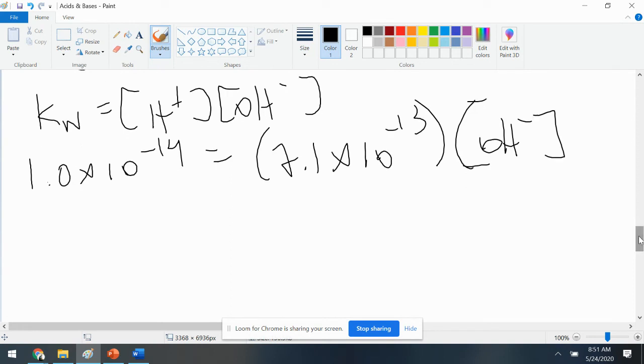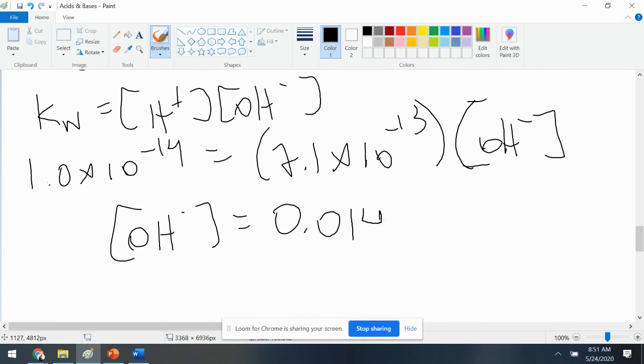So we're going to use the Kw constant, and I'm just going to solve for it by taking 1.0 times 10 to the negative 14 and dividing it by 7.1 times 10 to the negative 13. You're going to get 0.014, and it's going to be two significant figures.